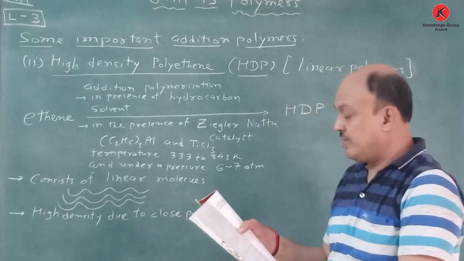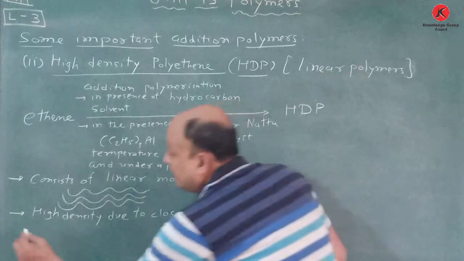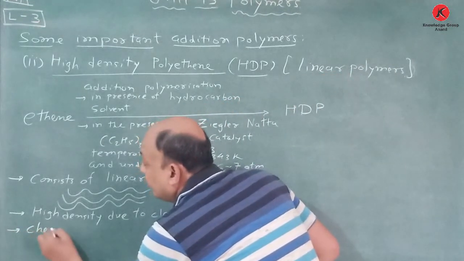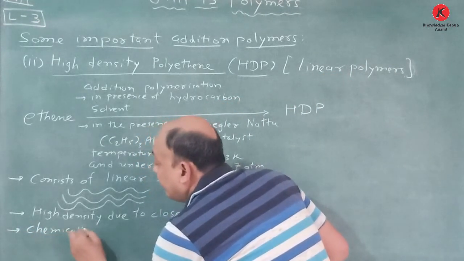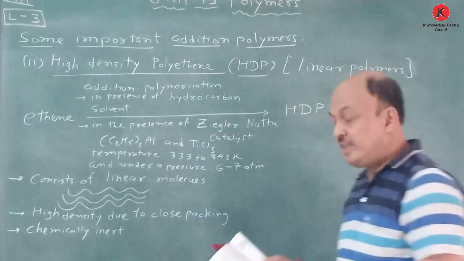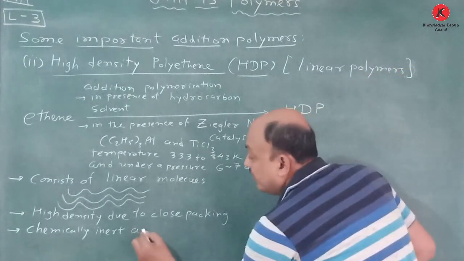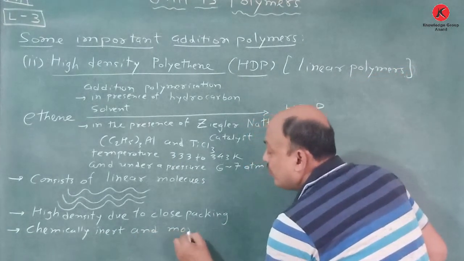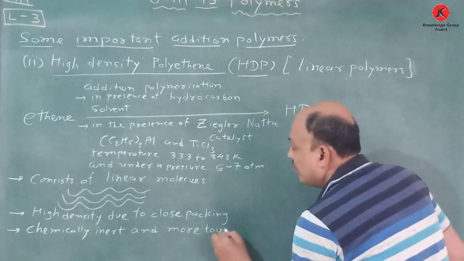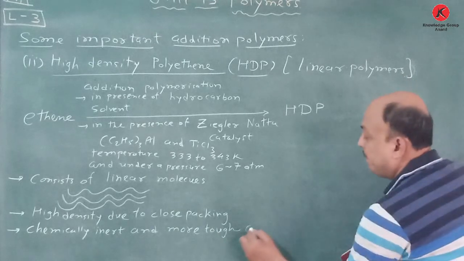These linear polymers, okay, high density polymers are also chemically inert. You know this one, inert means they are not affected, and more tough and hard.